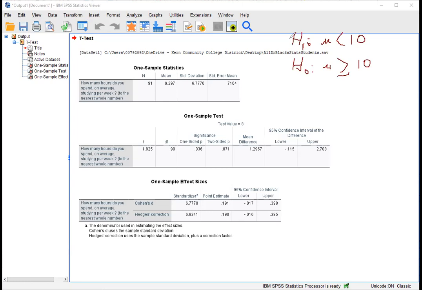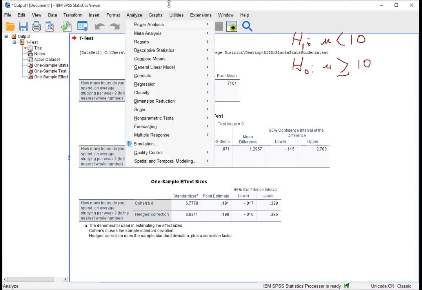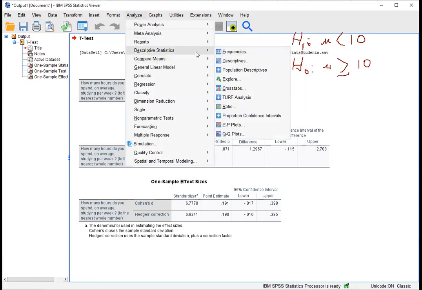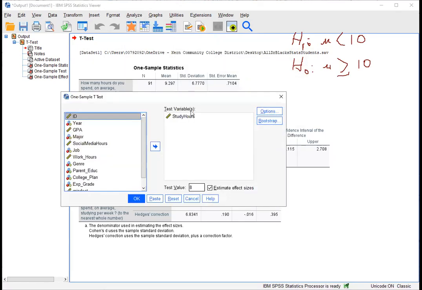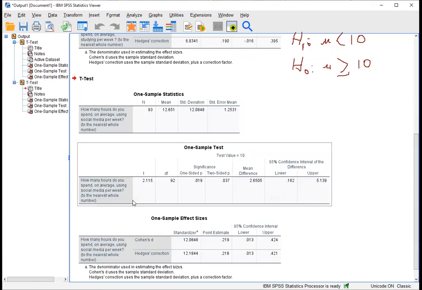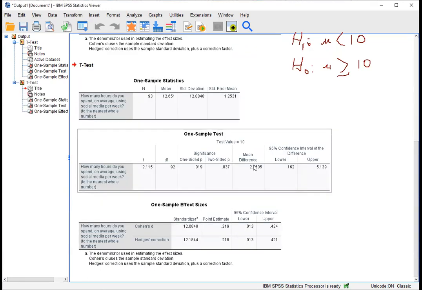So we can then run the t-test. We select Analyze, Compare Means, One Sample T-Test. We remove study hours, and we're going to put social media hours into the test variables field. We must change our test value to the one that is in our hypotheses, which is 10. We hit OK. So here's our output.